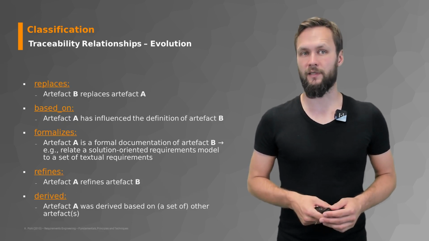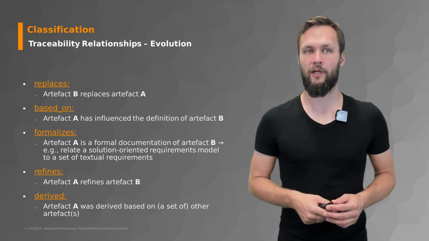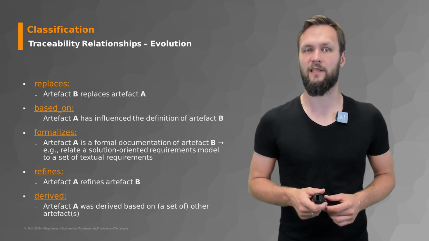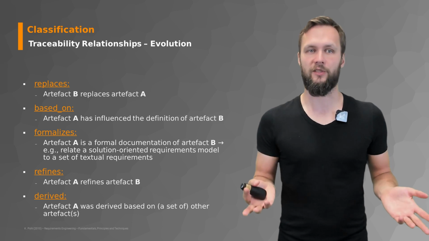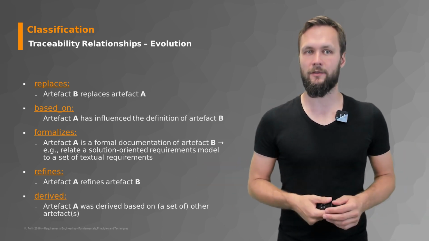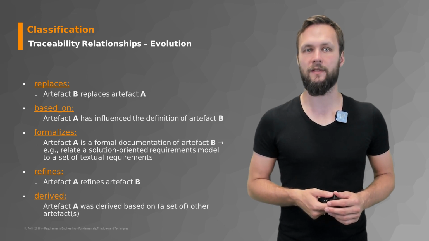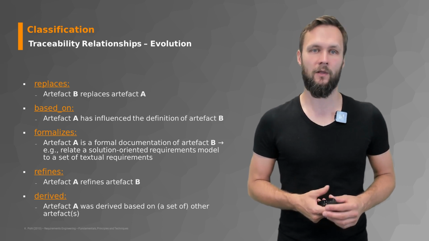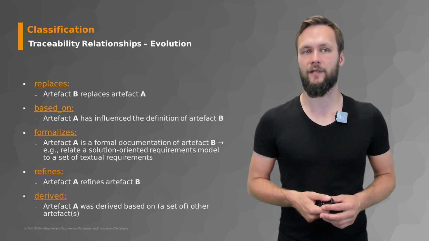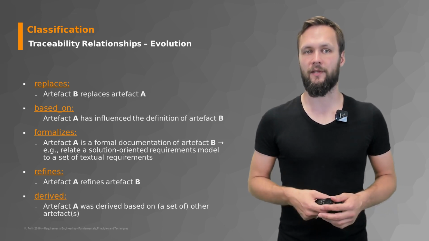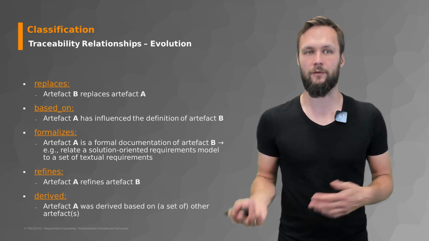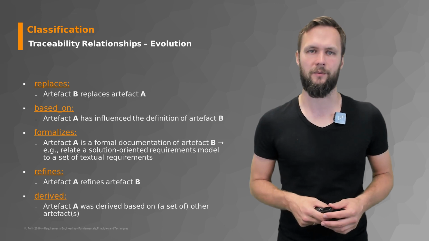Next, the traceability relationship of evolution, where you have replace, based on, formalizes, refines, and derives. Replace, pretty simple, artifact B replaces artifact A. Or based on, where you have artifact A has influenced the definition of artifact B. And for formalize, we have an artifact A, which is a formal documentation of artifact B. Could be something like relating a solution-oriented requirement model to a set of textual requirements or something similar.